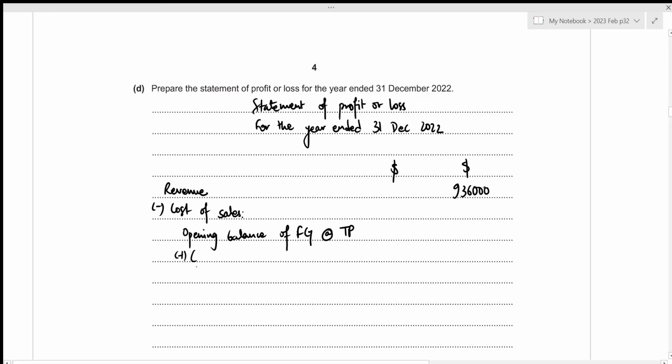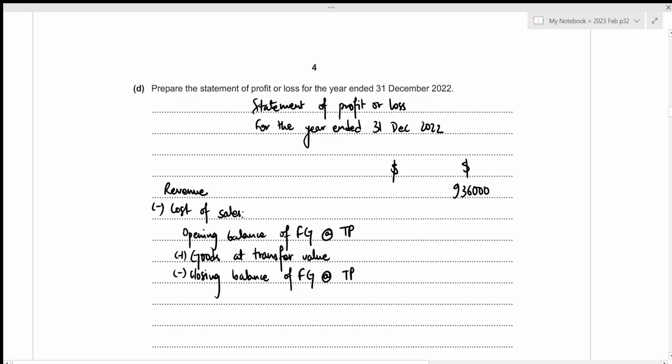So that's plus goods at transfer value, and this is just going to be the value that we figured out from our manufacturing account. And then lastly we will subtract our closing balance of finished goods at transfer price.